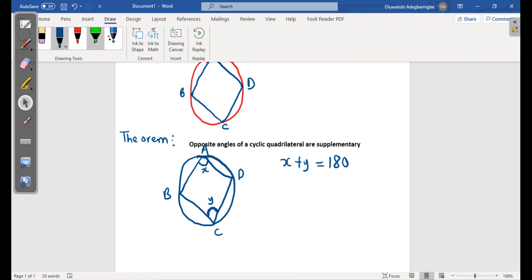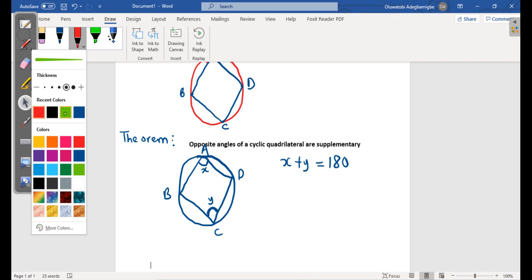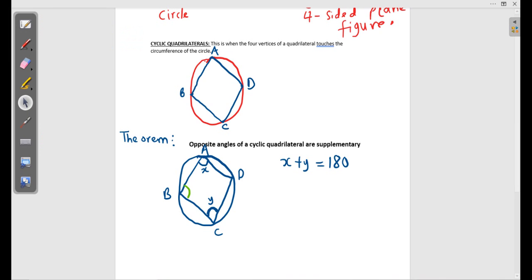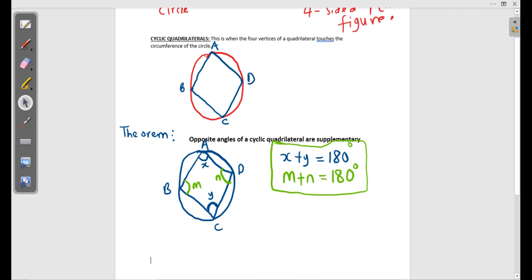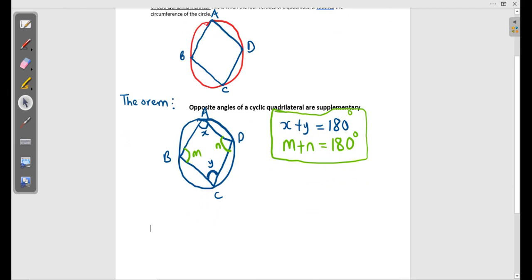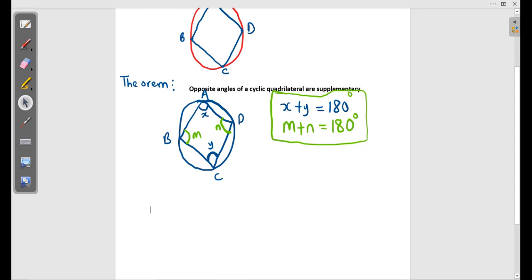Similarly, you will also agree with me that the angle at B is opposite to the angle at D. So if this is M and this is N, then we can say M plus N is also equal to 180 degrees. And this is the concept of cyclic quadrilateral. So opposite angles of a cyclic quadrilateral are supplementary, and this is exactly what you need to know.